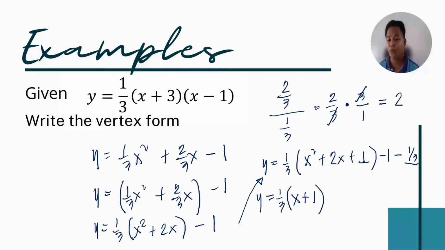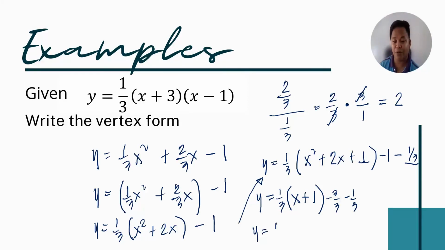Since we're going to add these two values or subtract these two values, we're going to make it a similar fraction. And negative 1 is equal to negative 3/3 since 3 po yung ating denominator, minus 1/3.